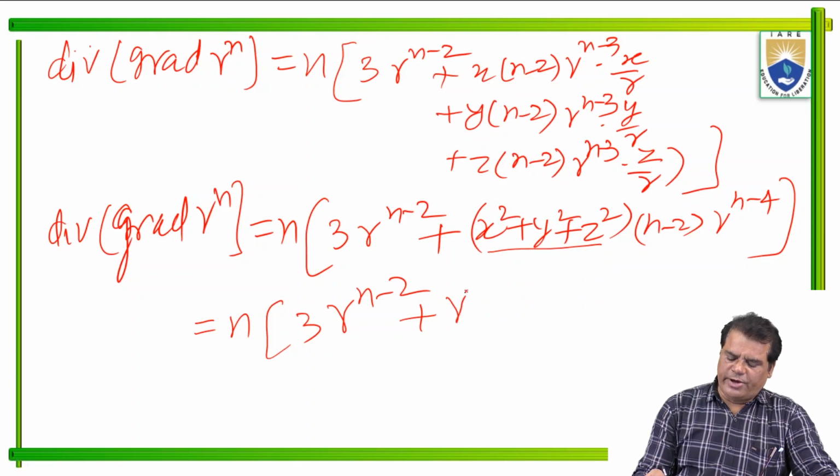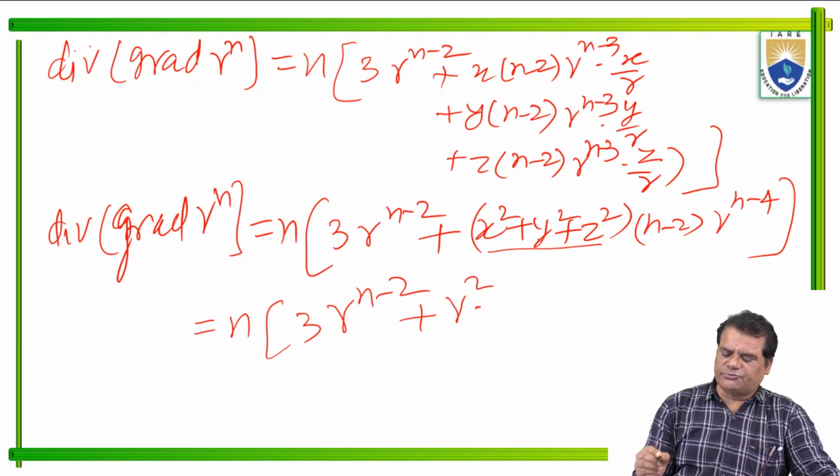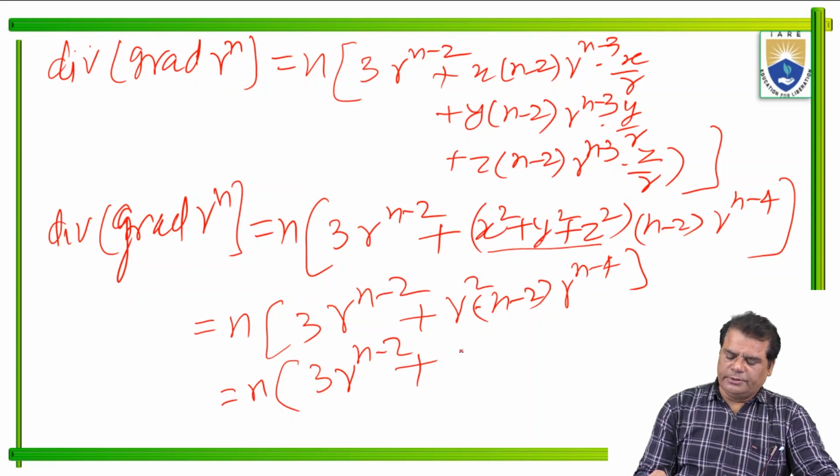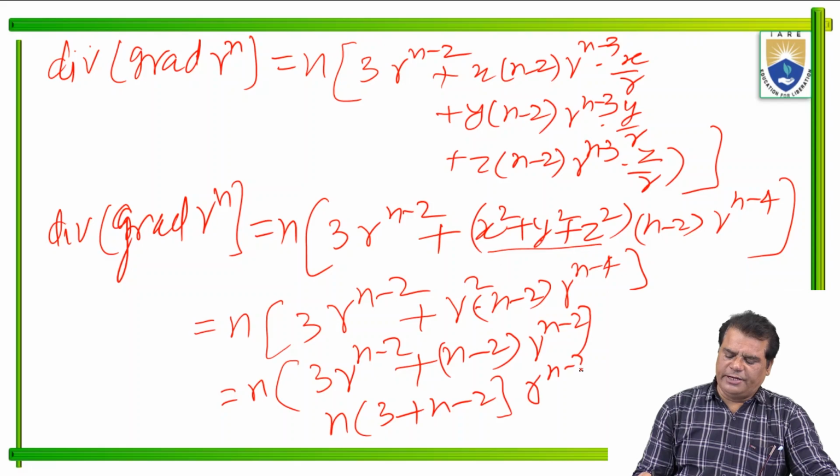This is the value of r square, n minus 2 into r to the power n minus 4. So the final is n into 3 r to the power n minus 2 plus n minus 2 r to the power n minus 2. So here n into 3 plus n minus 2 r to the power n minus 2.